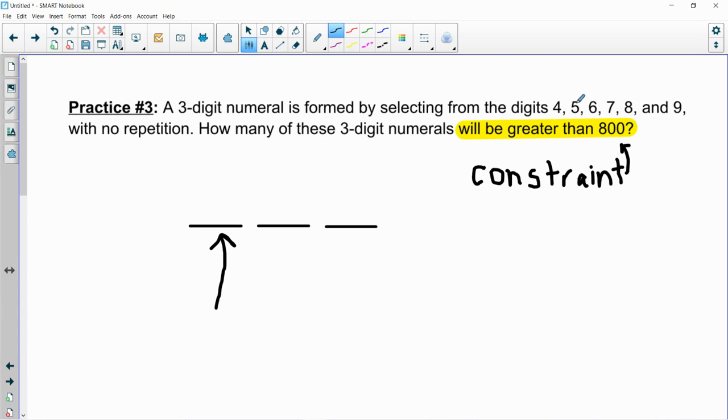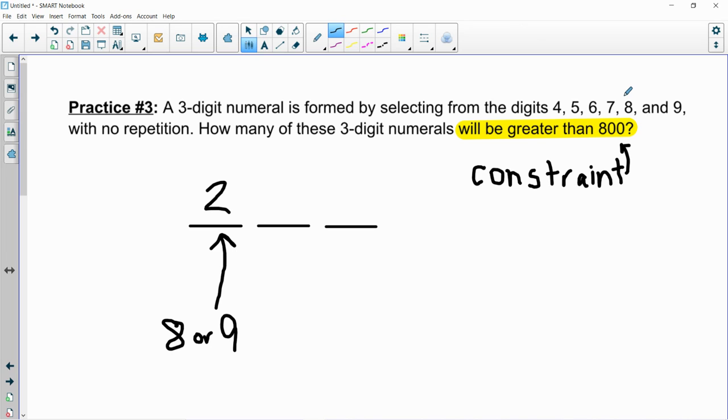How many options do I have out of these numbers to put in this place? I only have 2. I can only put in there the 8 or the 9. Now, if I put either the 8 or the 9 in the hundreds place, does that guarantee me a number greater than 800 based on the rest of the numbers that we have up here?